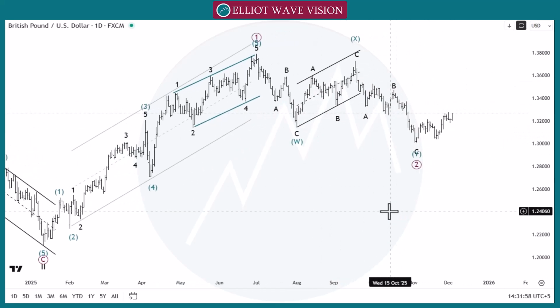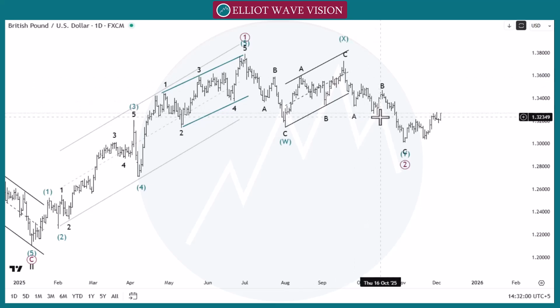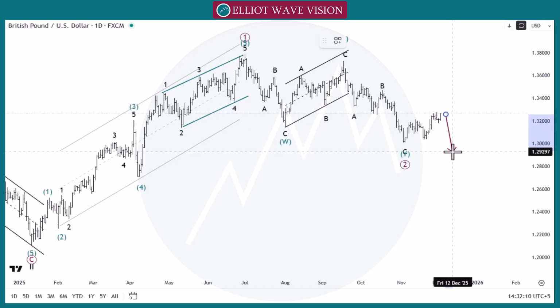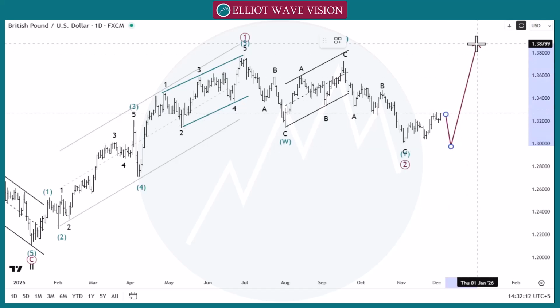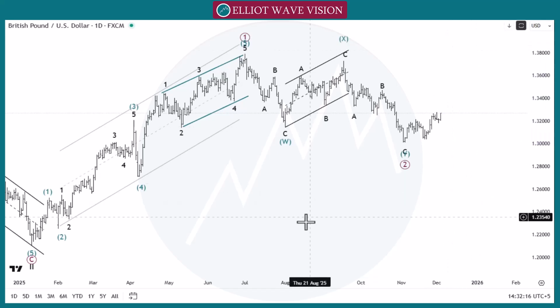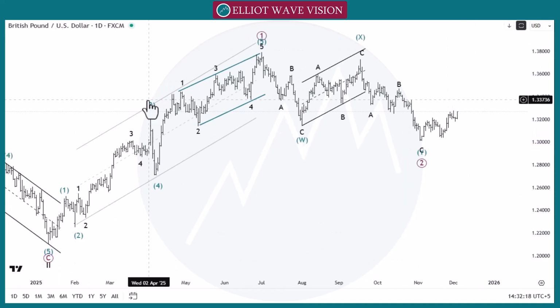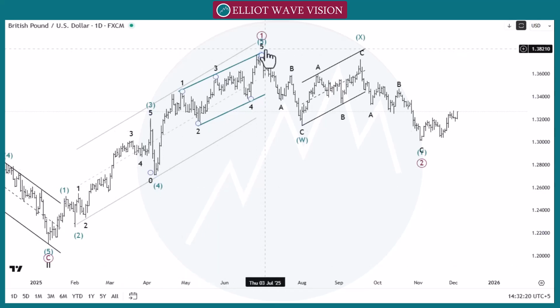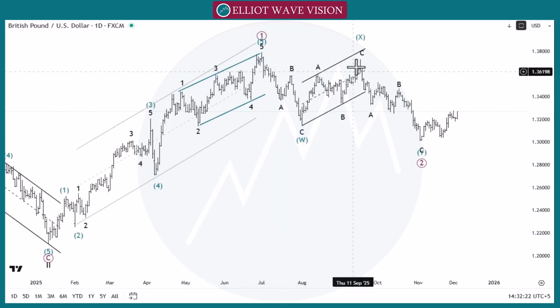Or that's also possible here. We count this move like wave 1, wave 2, wave 3, wave 4 as a diagonal. Then the market may give us this last leg, then go towards the bullish side. That's also possible here. So we count this move like wave 1, 2, 3, 4 and 5, A, B, C, W, X and Y.